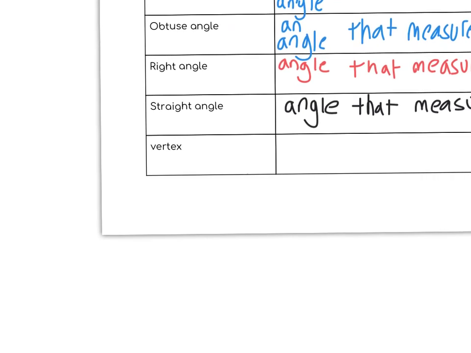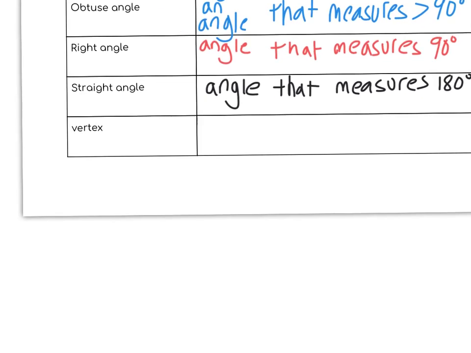And then finally, we got the vertex. The vertex is going to be the point where, you can call it kind of the center of an angle. It's going to be where the two endpoints meet.